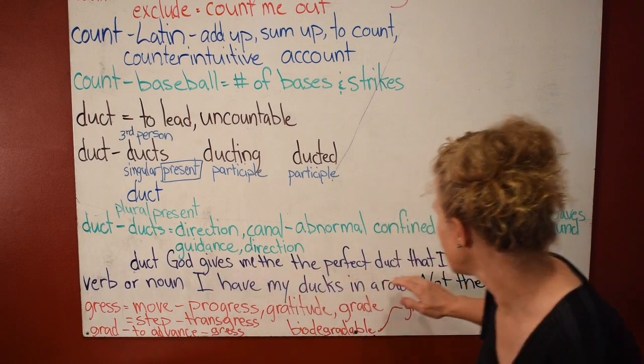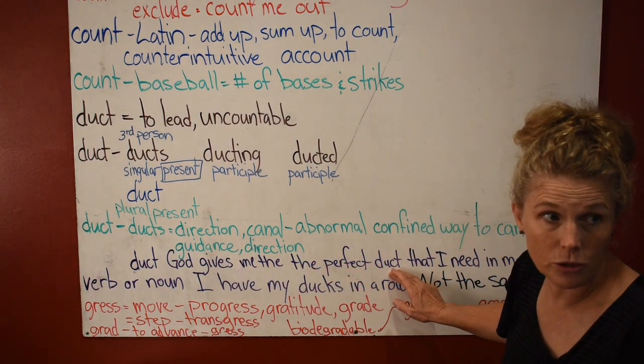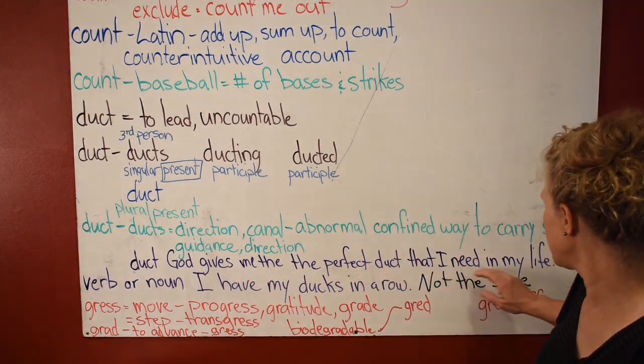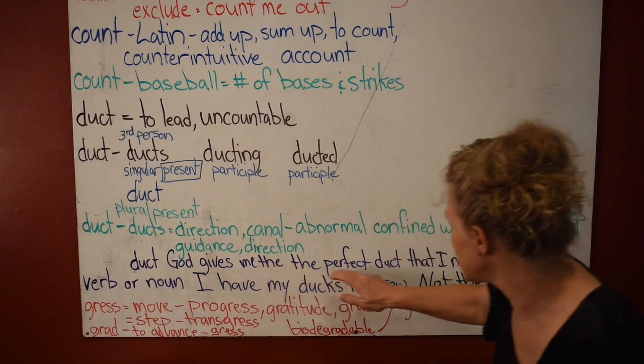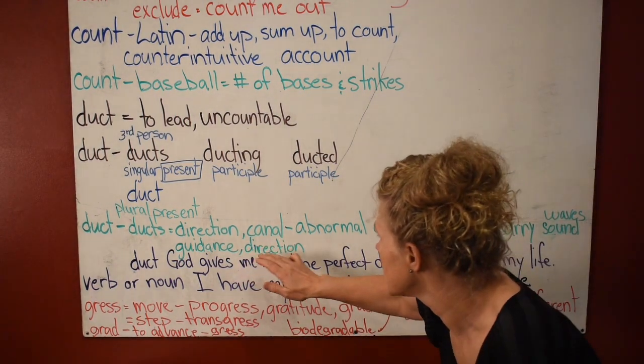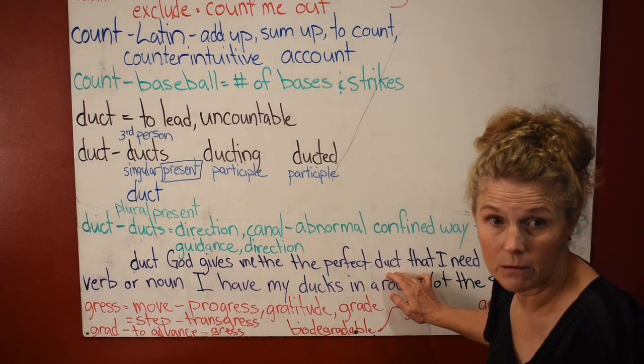But if you can replace it with guidance or direction, you've used the word correctly. God gives me the perfect guidance that I need in my life. God gives me the perfect direction that I need in my life. Then you know you used it correctly.